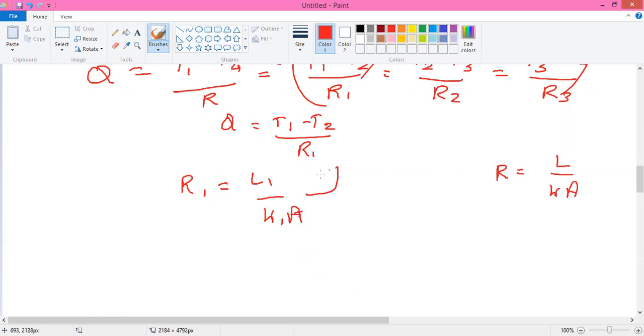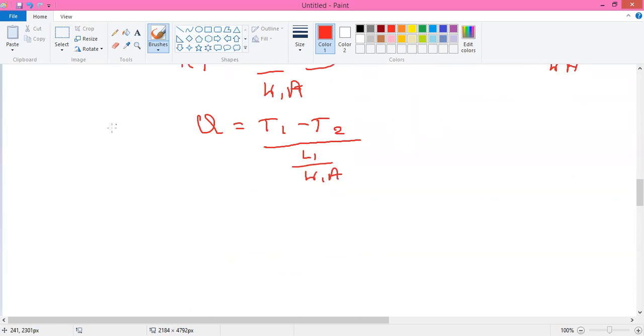We put R1 in this equation: Q is equal to T1 minus T2 divided by L1 by K1A. Solving it again, Q by A is equal to T1 minus T2 divided by L1 divided by K1.